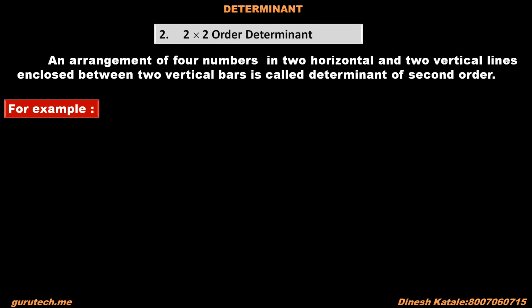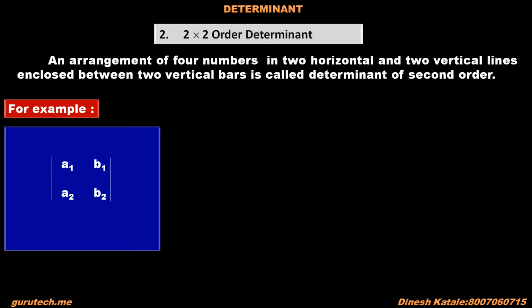For example, here 4 numbers a1, b1, a2 and b2 are enclosed in 2 vertical bars. In this case, first 2 numbers a1, b1 are in first horizontal line known as first row or R1. Other 2 numbers a2 and b2 are in second horizontal line known as second row or R2.